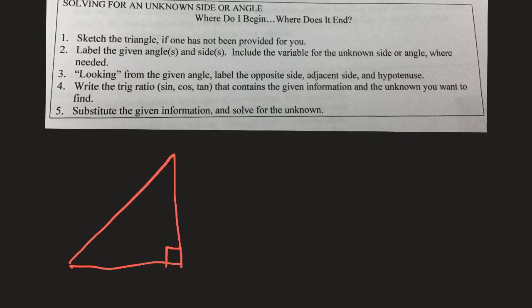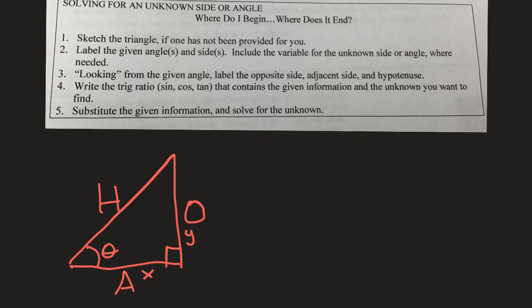So let's say this angle here is our given theta. We have our adjacent side, we have our opposite side, and we have our hypotenuse. Now, let's say we know our adjacent side and it's some value x, and we need to know our opposite side y.